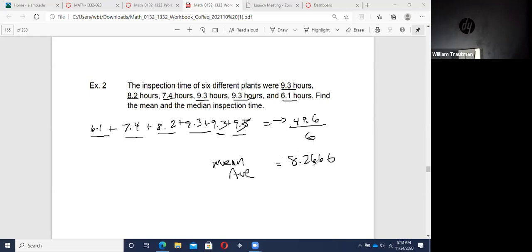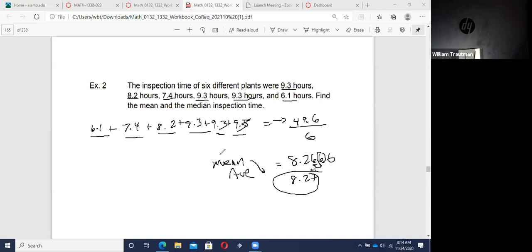If I round to 2 decimal places, I get 8.27. If you're doing 2 decimal places, you look at the third decimal place. 5 or more, you add 1 to the underlying number. If it was 4 or less, you would just leave it at 8.26. So I get 8.27 for my mean.